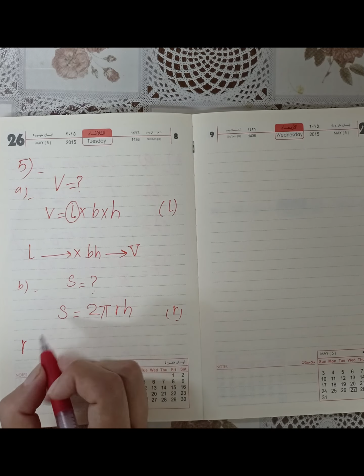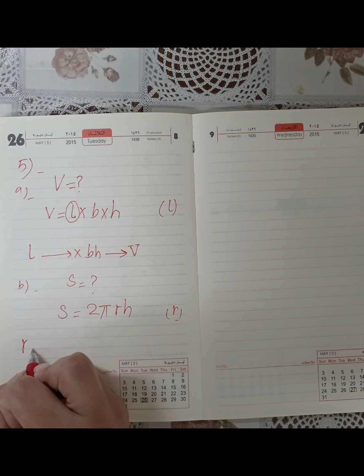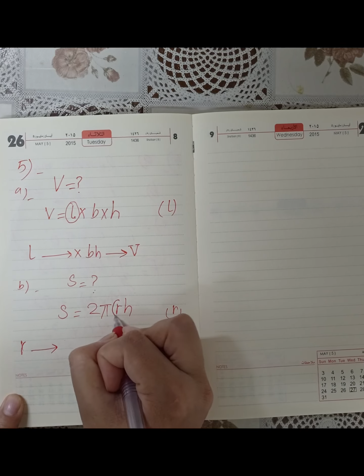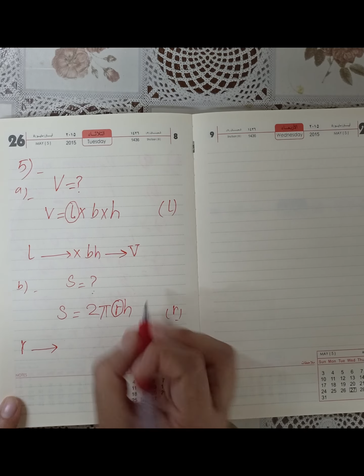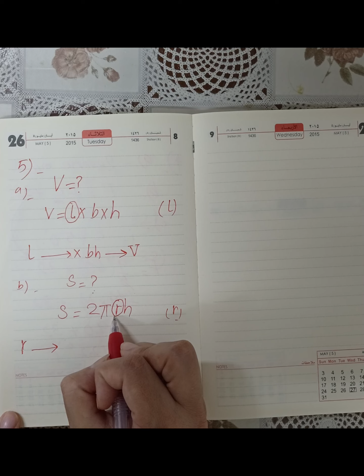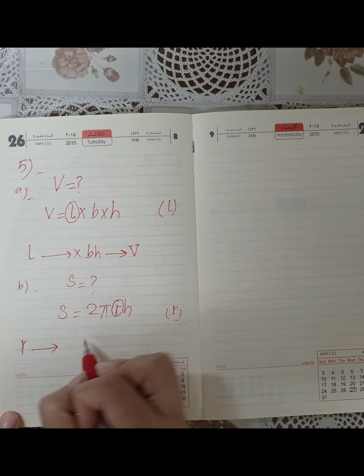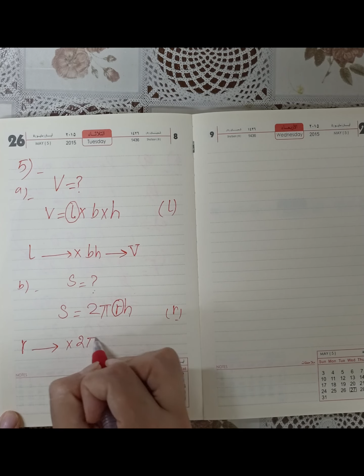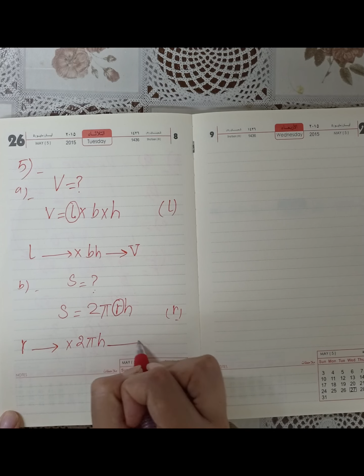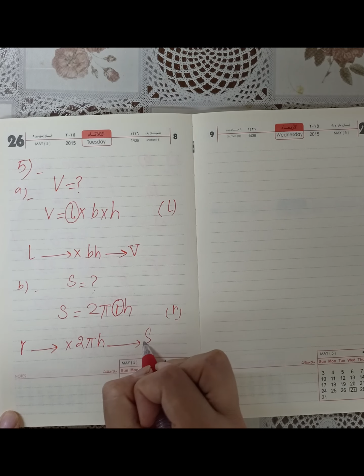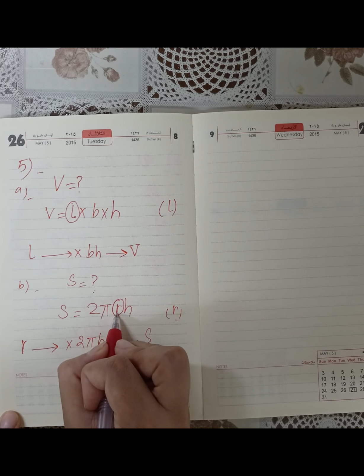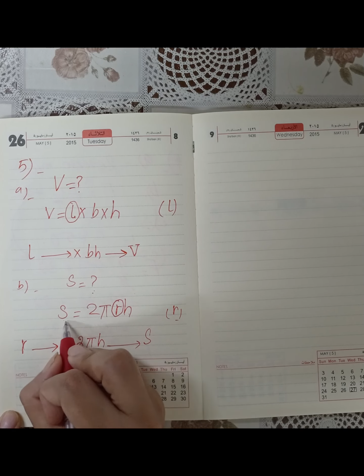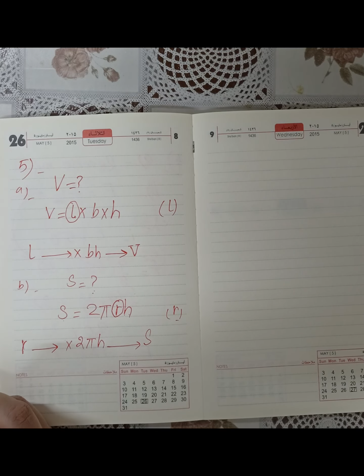We will not write the formula; we will write it in the form of a function machine. If I have R, what should I do? I will multiply this R with 2 pi and H. Then I will get S.